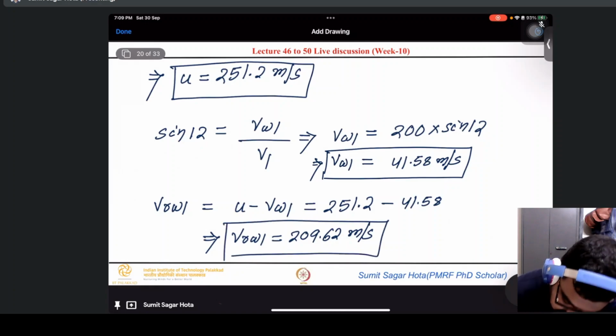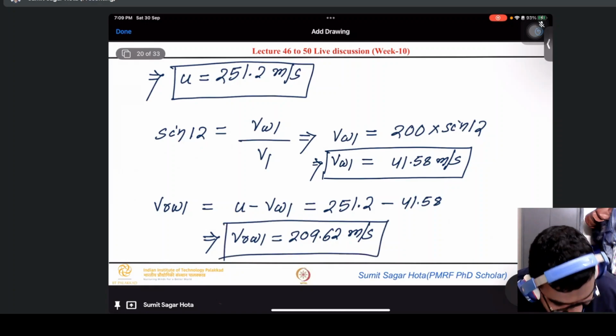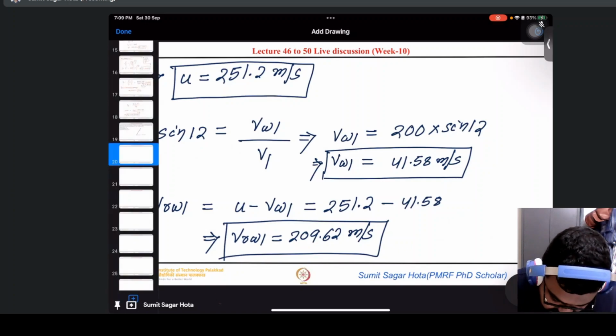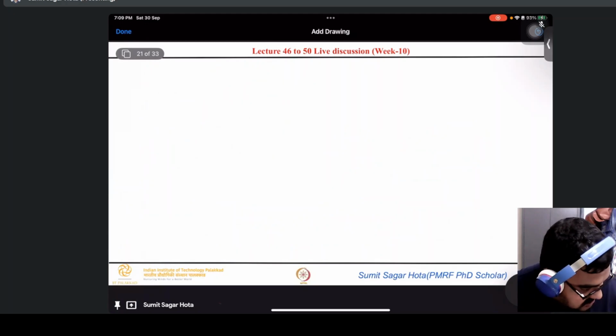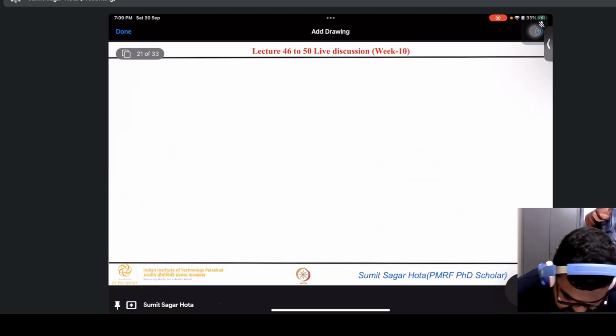Now that you have Vrw1, you can find out your axial components.